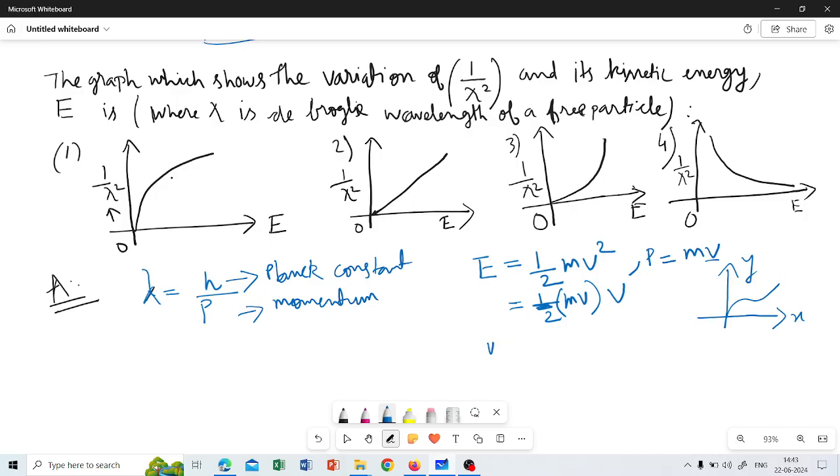V square is nothing but 2E by m, that is 2 into E by m. So now v is nothing but the square root of this.